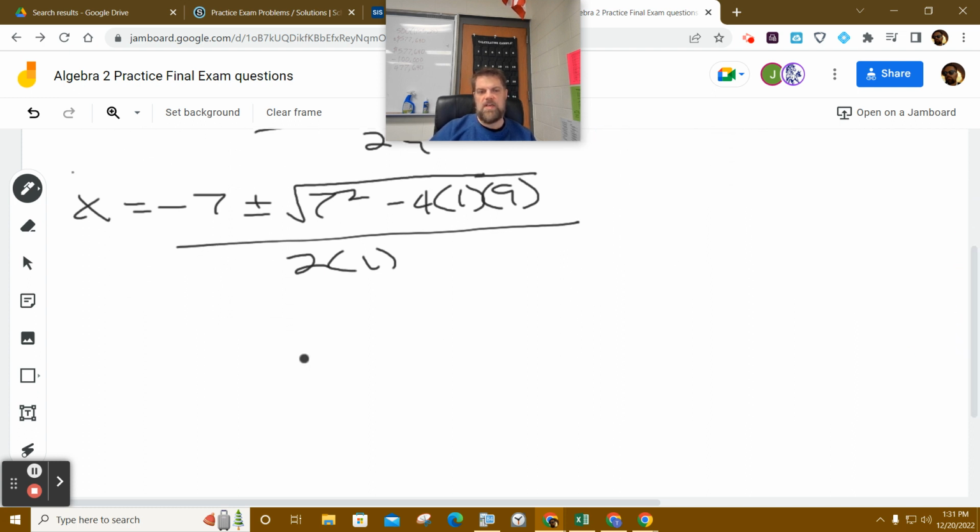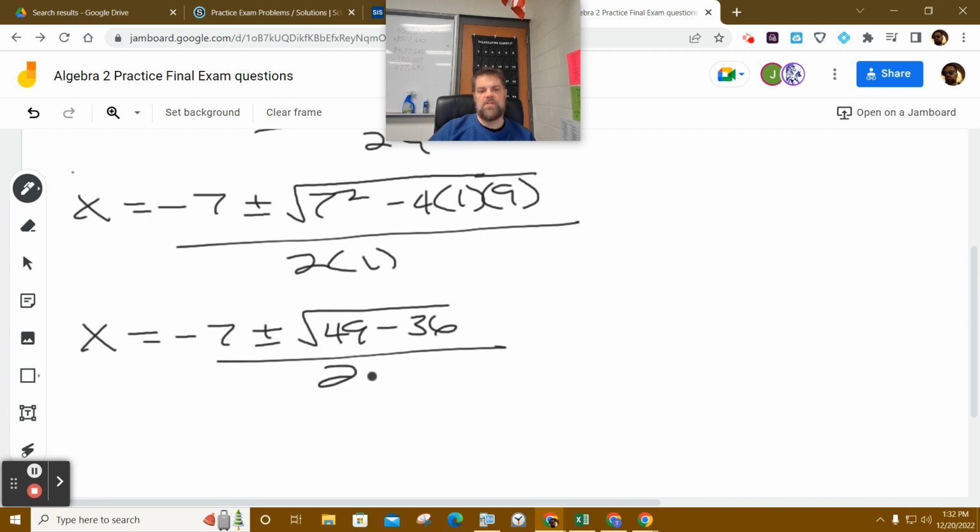Now, that will equal x equals -7 plus or minus the square root of 49 minus 36 all over 2, which is equal to -7 plus or minus the square root of, what's 49 minus 36? Isn't that just 13? Yeah. 13 all over 2.